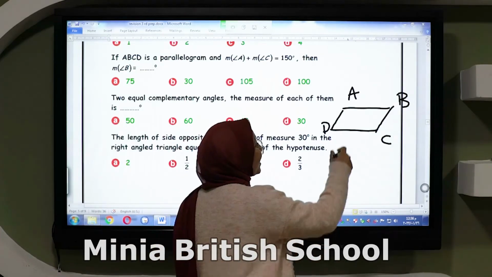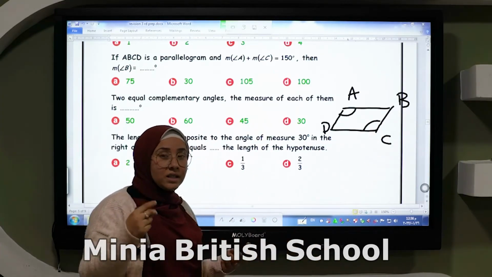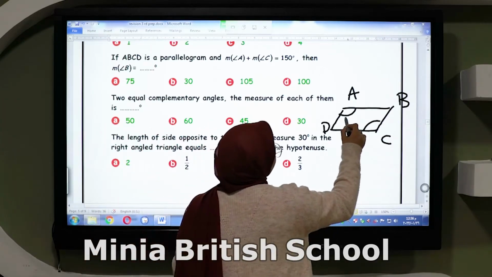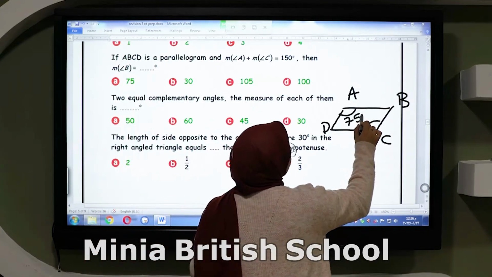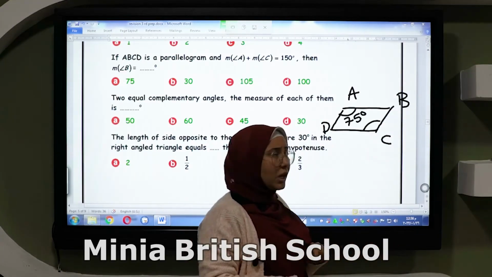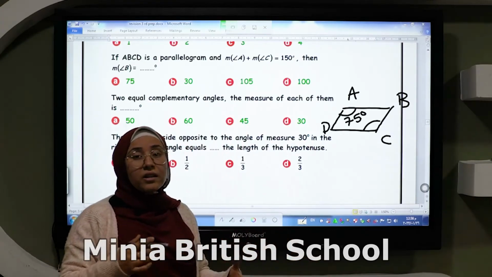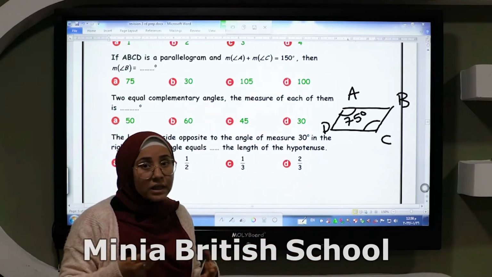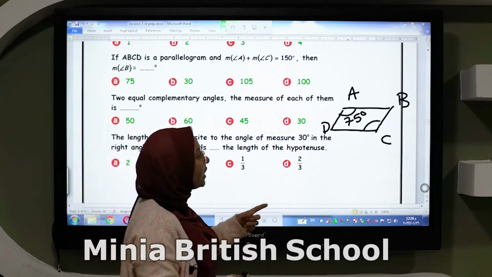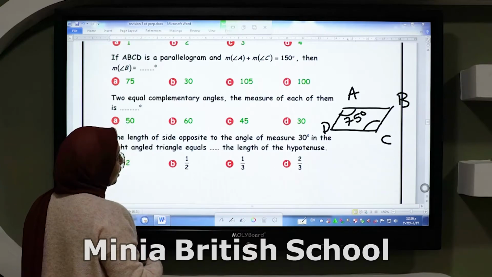The sum of them equals 150, then each one equals 75. Then the measure of angle A is 75. Angle A and angle B, or angle B and angle C, are 2 consecutive angles. Their sum equals 180. Then B equals 180 minus 75 equals 105.